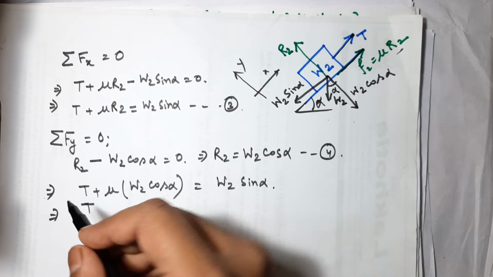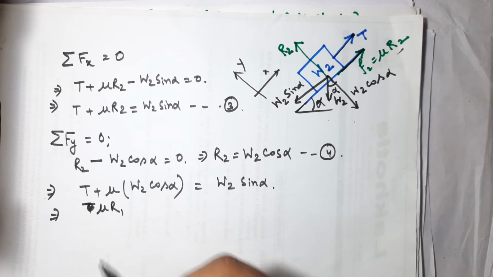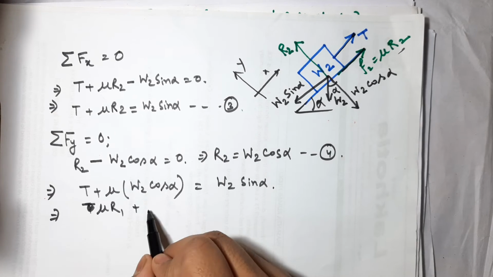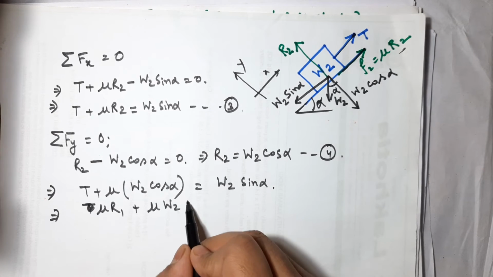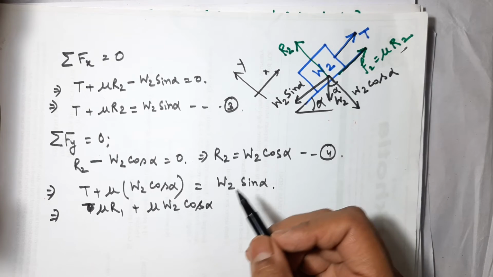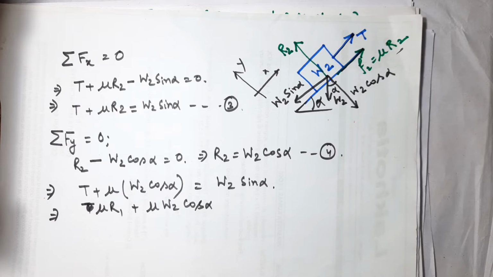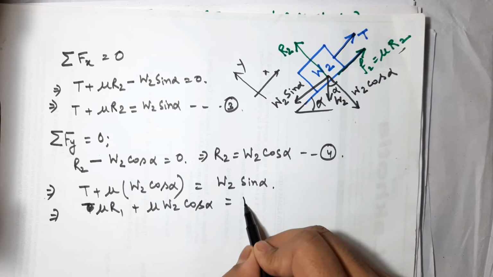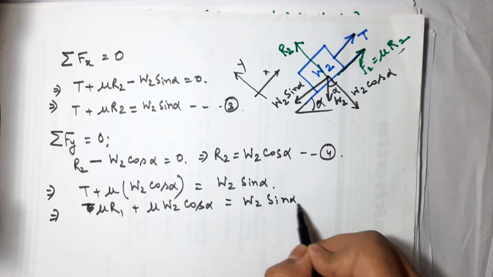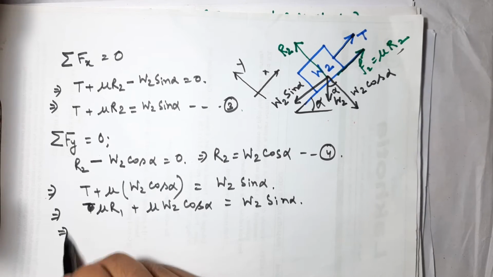So mu into R1 plus mu into W2 cos alpha is equal to W2 sin alpha.